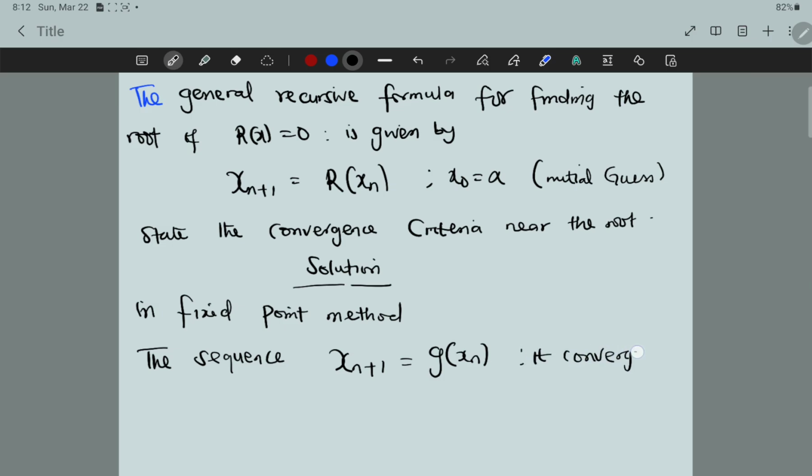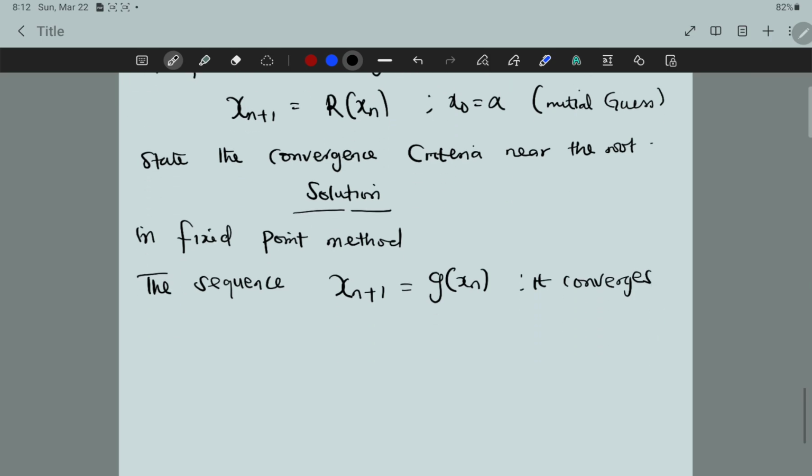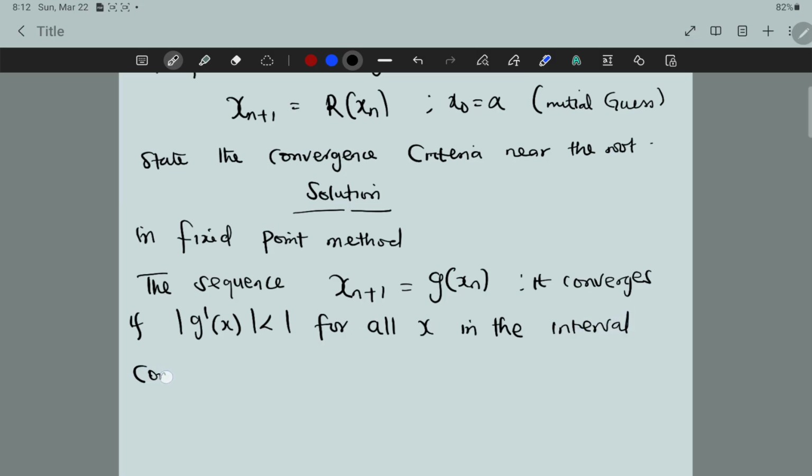Let's write that out. That's the answer to that question. It converges if the absolute value of the derivative of g(x) is less than 1 for all x in the interval containing the roots.